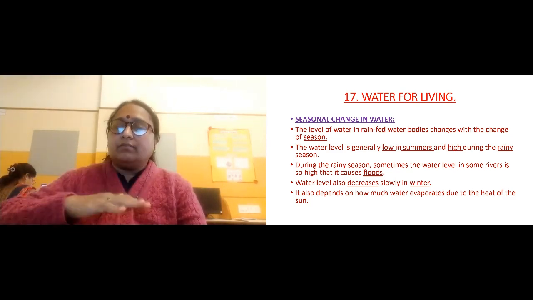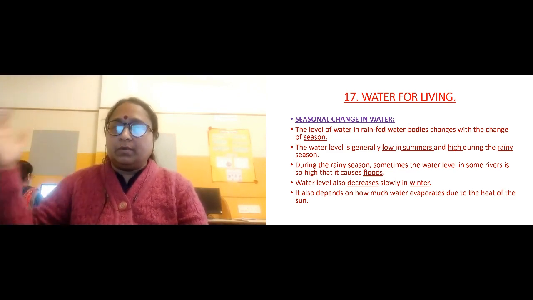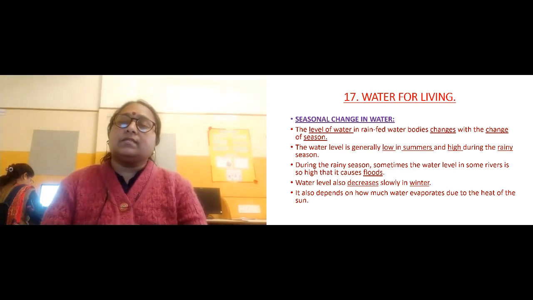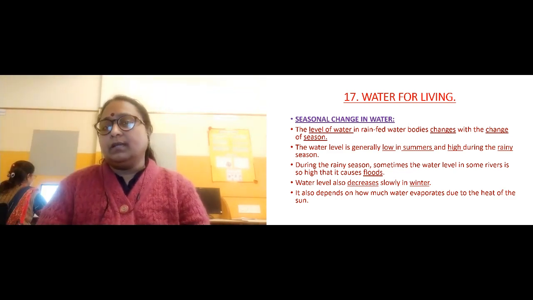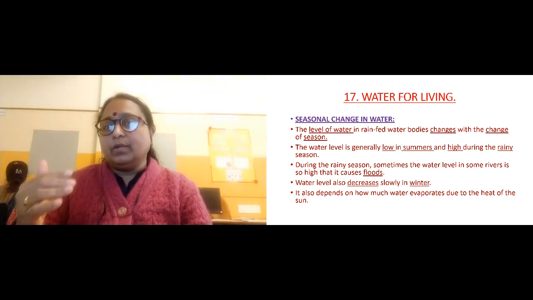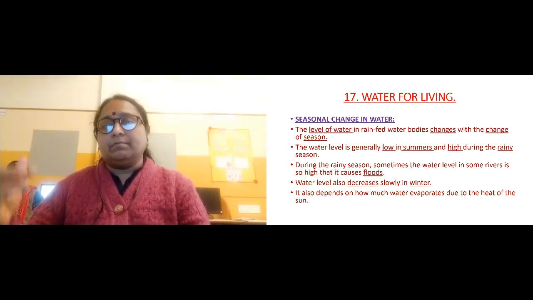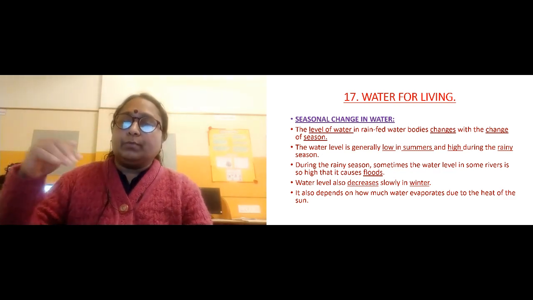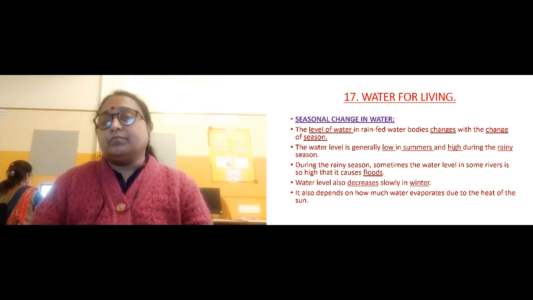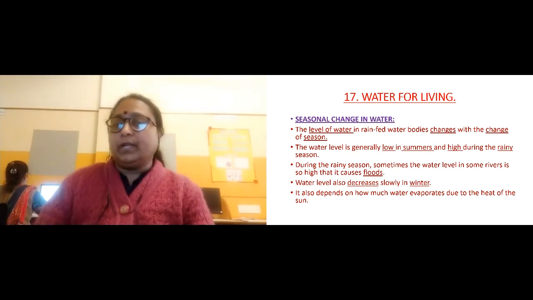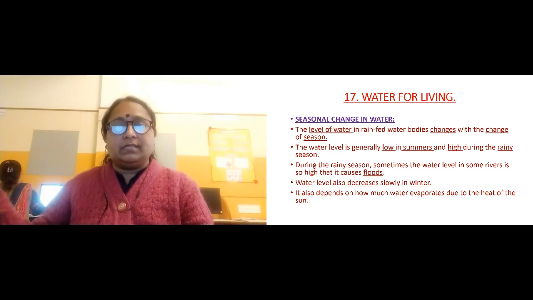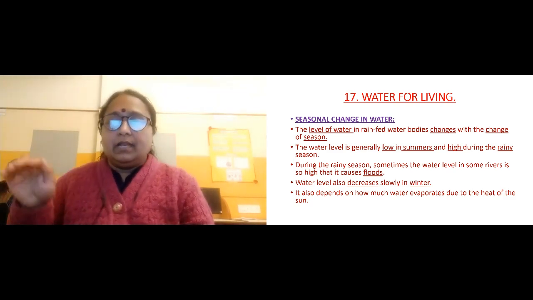Once the level of the river increases, it starts coming out to the land, and then it will cause flood. In summers the level of water decreases, and even during winters the level will be decreasing slowly, and by summer it will be fully decreased. So in monsoon season the level of the river will be increasing because of rain, and slowly in winter it will start decreasing, and finally in summer it will be very less.